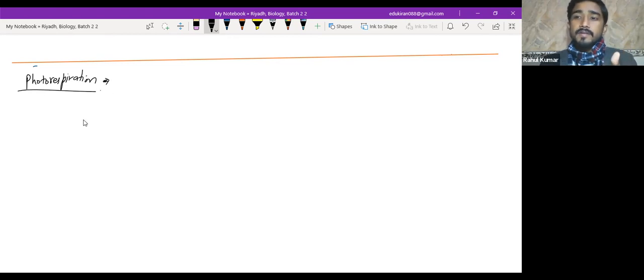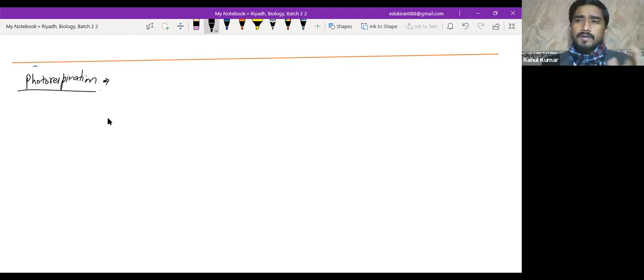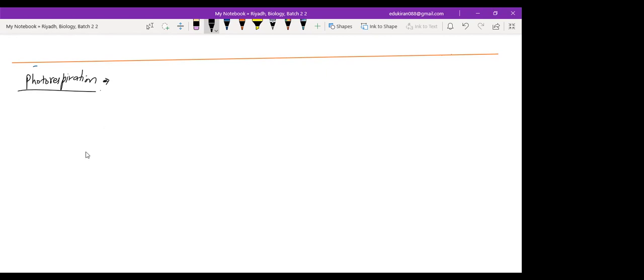So one thing is respiration, correct? Cellular respiration. What happens in cellular respiration? We have talked about cellular respiration multiple times, right from the first chapter onwards. We know it's a characteristic property of life, metabolism, cellular respiration, right? What happens in cellular respiration?